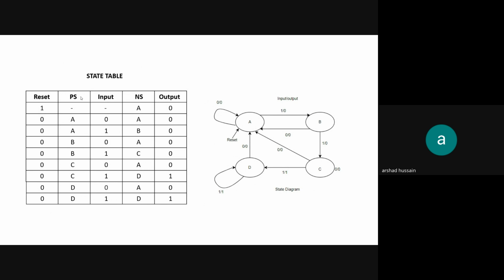As we have moved to the next state, that is B, B remembers the information. I have seen a single one, which means B remembers that it has the information 1.